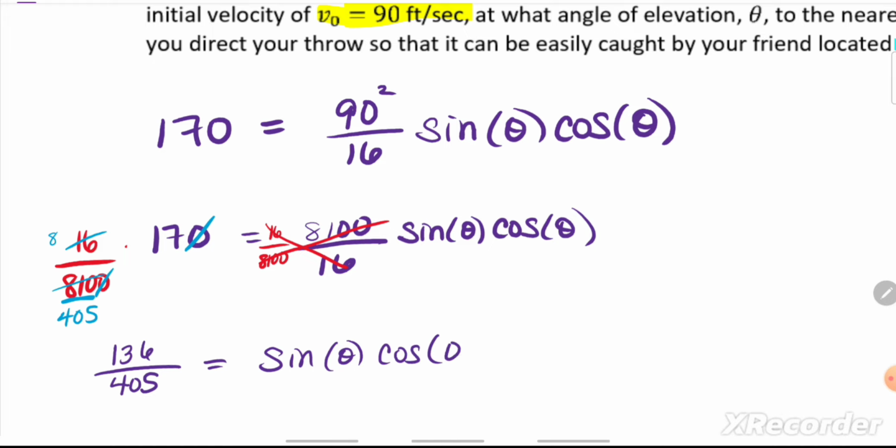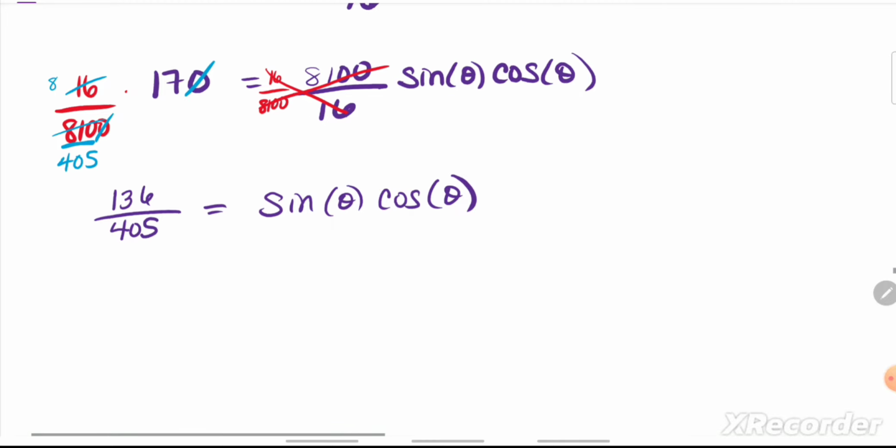I just did some cleanup, so I can see what I have. Well, right away when I look at this equation, I don't like the fact that I have 2 different trig functions. We like to have just one. And there's not really an easy way to get rid of a sine or a cosine. But I do see sine times cosine, and I feel like that's familiar.